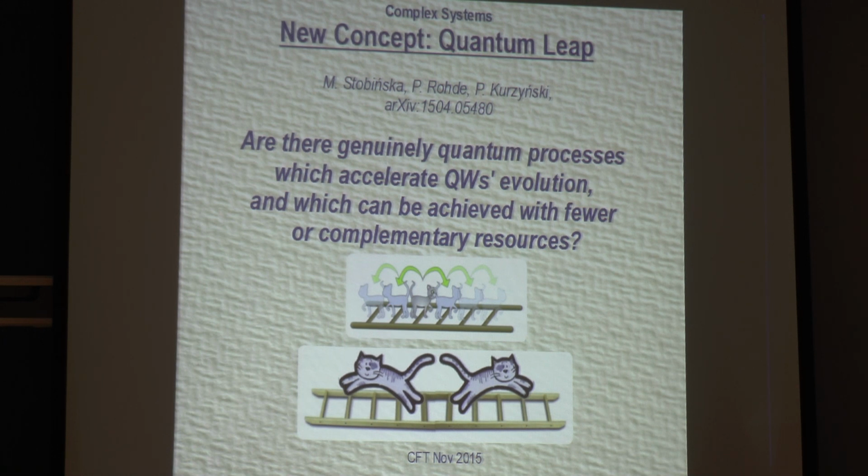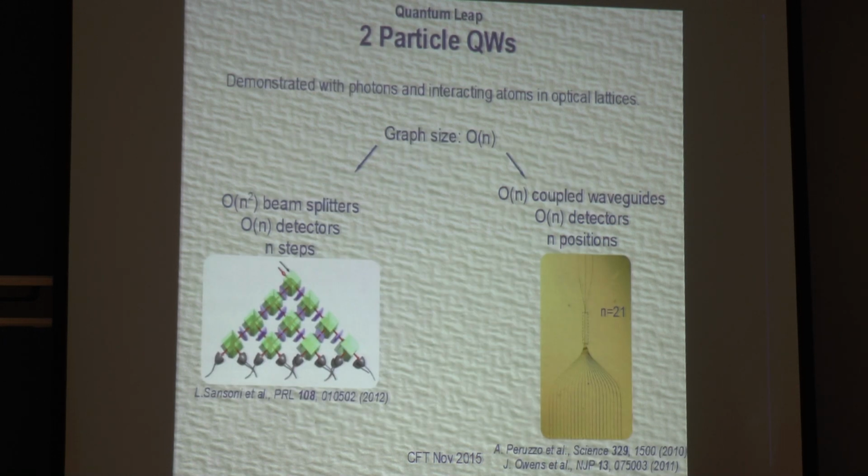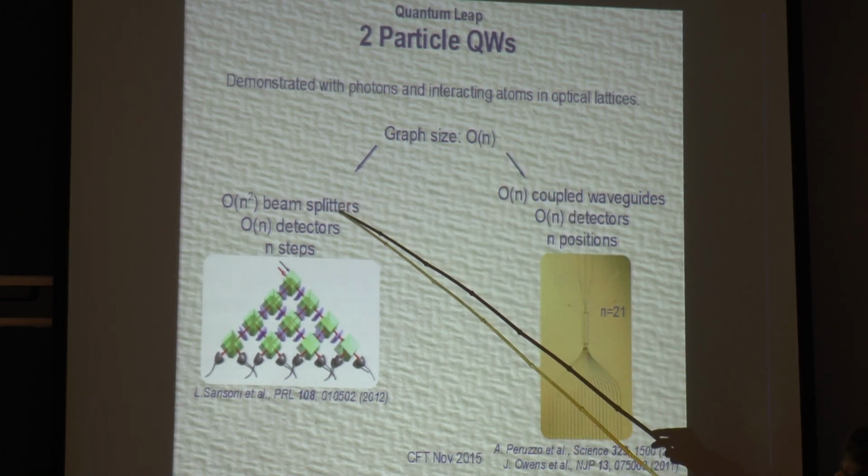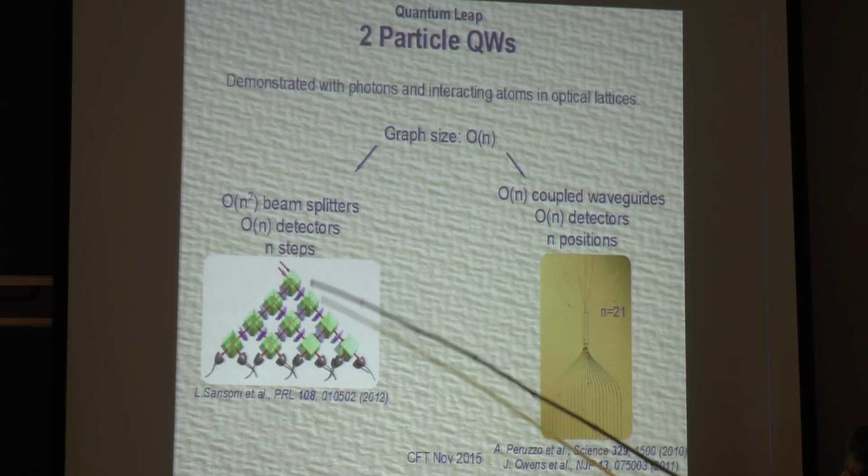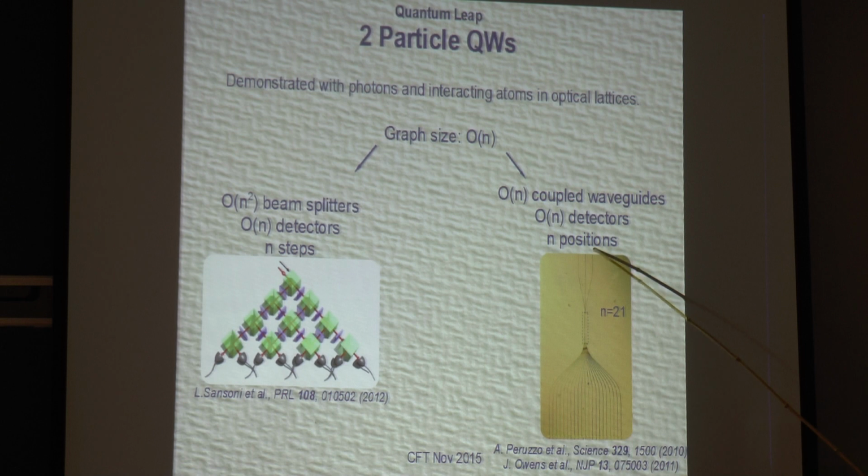As you see, implementation of quantum walks requires a huge number of optical elements and also detectors. A graph of size O(n) requires n-squared beam splitters and detectors to take n steps, or n coupled waveguides, also n detectors to implement n positions.